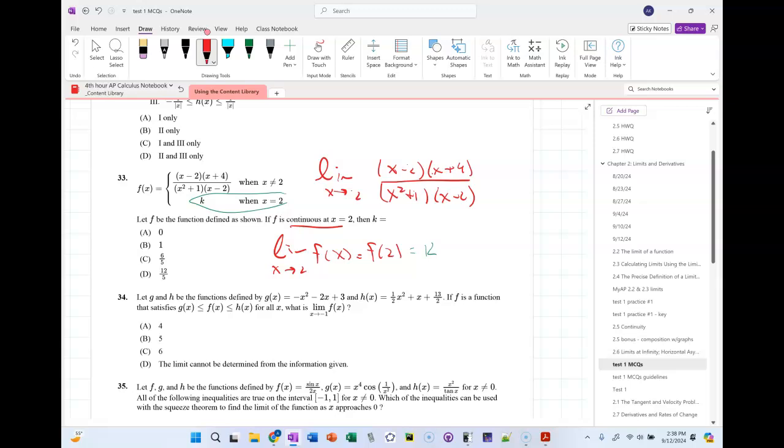So I know that's what that has to be, right? And then I can just direct substitute. So I get 6 over 5. And that's what k needs to be then, to fill the hole.